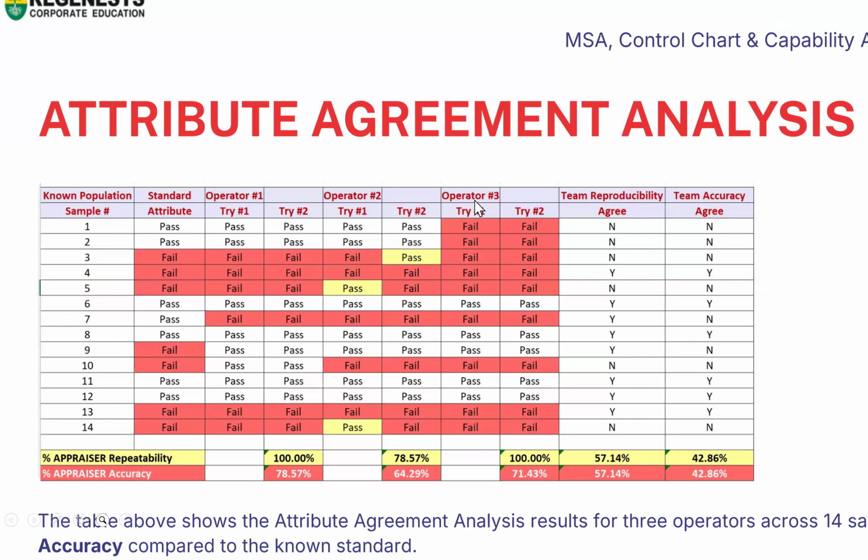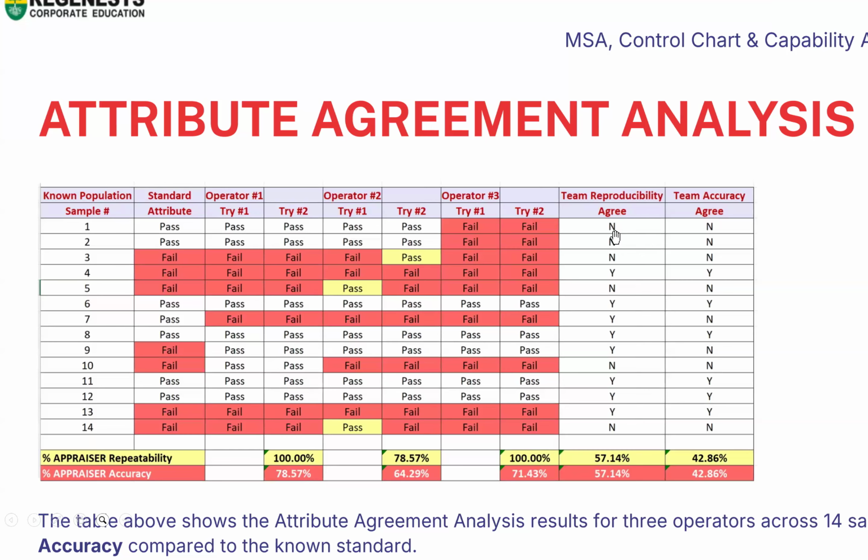Sir, we can't depend on team reproducibility, sir, because everyone can make a mistake. We have to see team accuracy, sir. No, see reproducibility, please note. Every time a no is written here, you are seeing a no here.